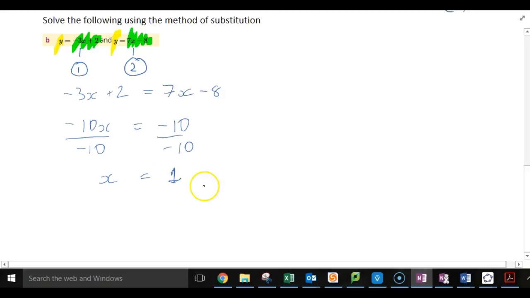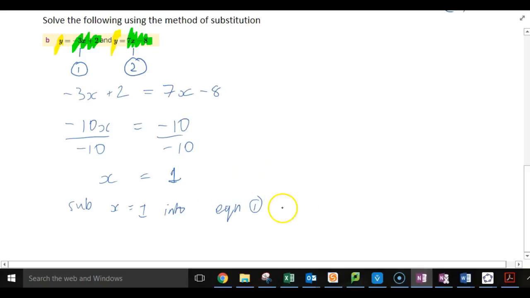Following that through, I'm going to have to work out what y is. Either of these equations will work. Let's substitute into equation 1. So sub x equals positive 1 into equation 1.